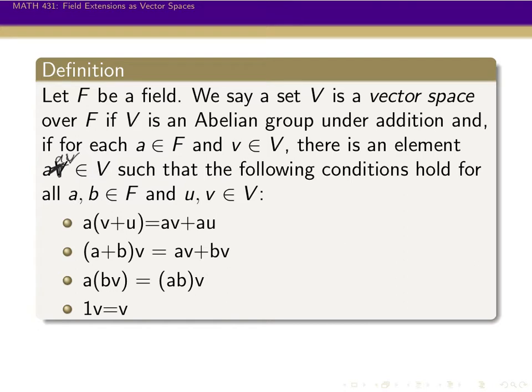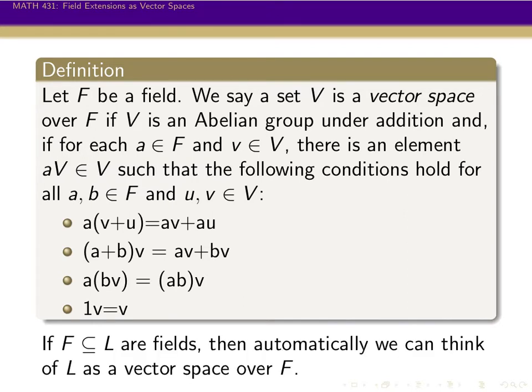So if you look at these, you'll notice that these are all things that are going to be true if V was a field that contained F, then these would all be things that you could do anyways, right? So in fact, if F and L are fields and F is inside of L, then we can automatically think of L as a vector space over F, because all of these properties that are in this definition are already true about fields.